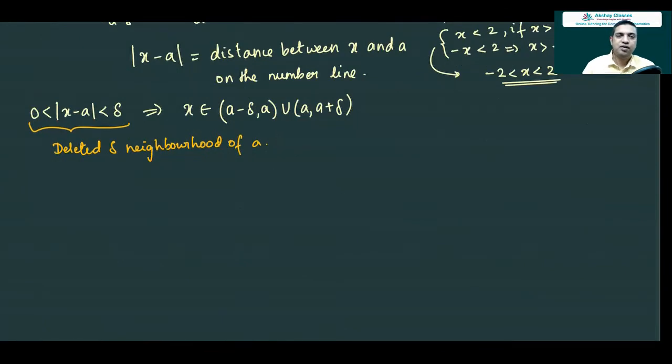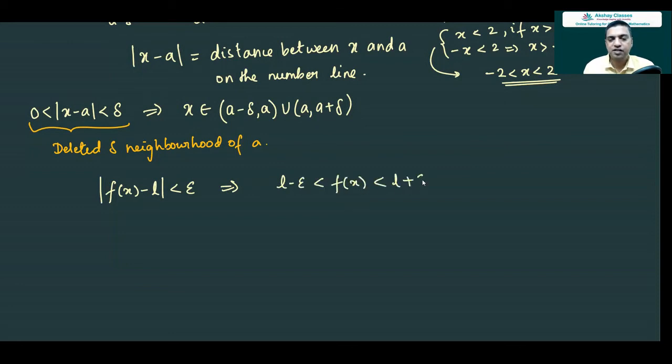Modulus of f of x minus L less than epsilon. It means that f of x lies between L minus epsilon to L plus epsilon.